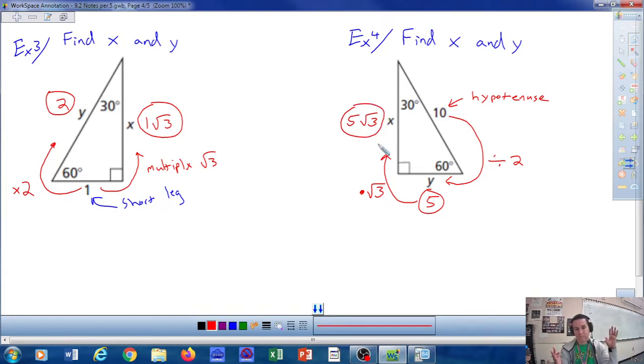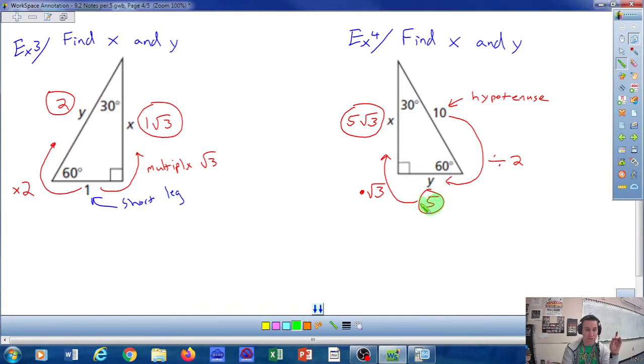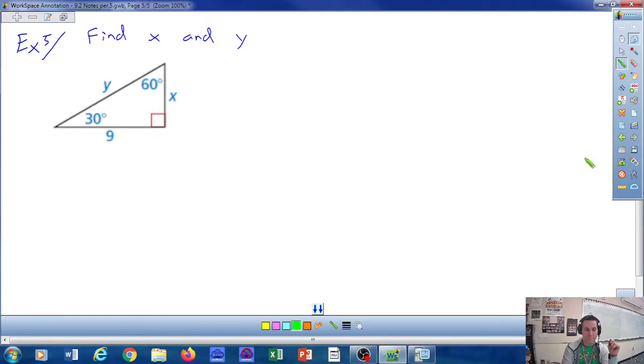Short leg is the key. That one is the key on a 30, 60, 90. So we never jump from hypotenuse to long leg. Ever.